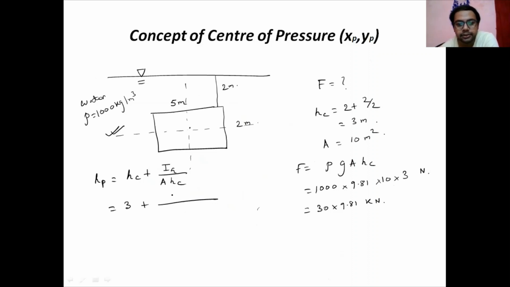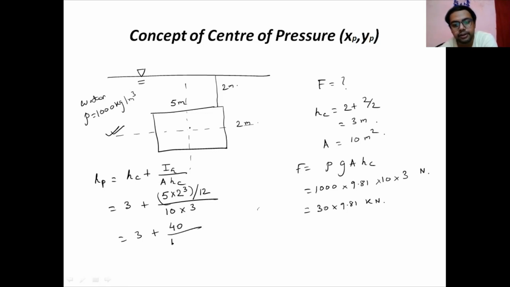So about this axis, because the rectangle is 5 into 2, it is cutting that 2. So 2 cube divided by 12 into 5, divided by area, which is 10 into 3. So this is your answer. 5 into 2 into 2 into 2 is 40.